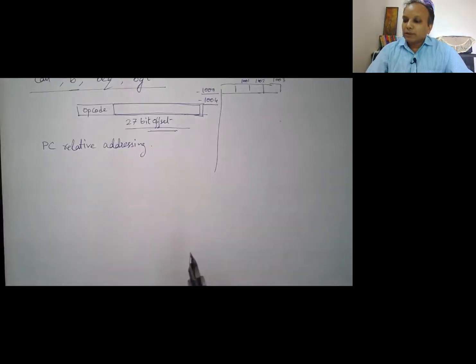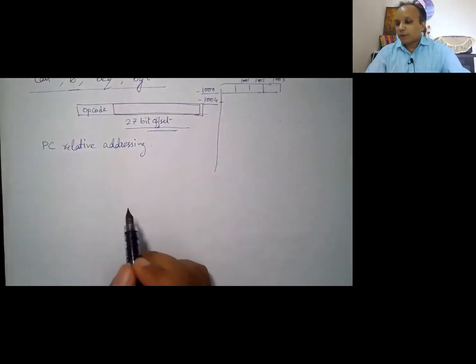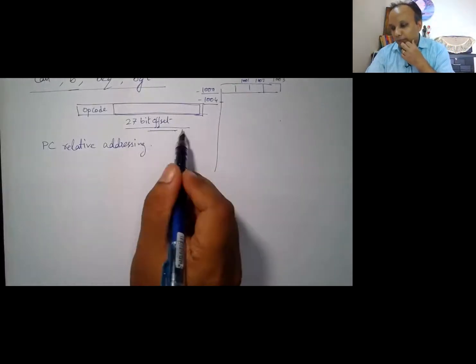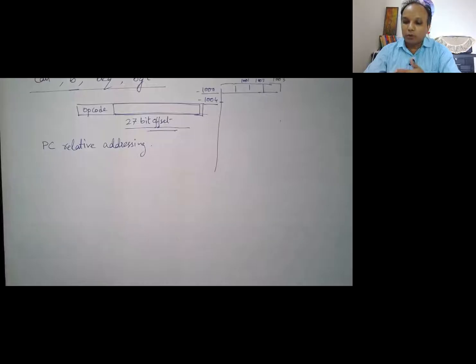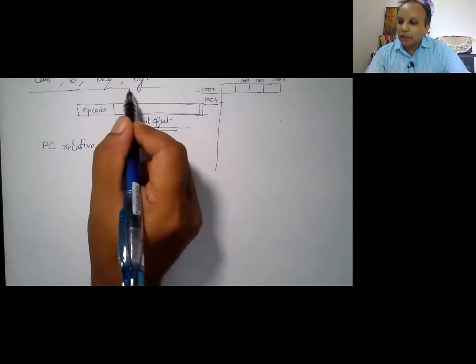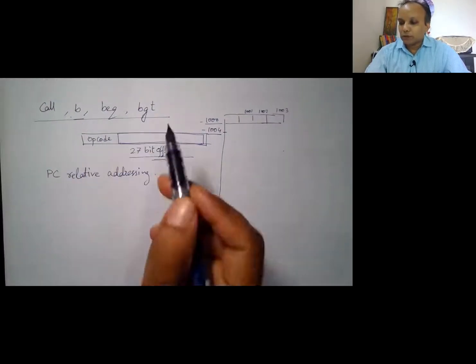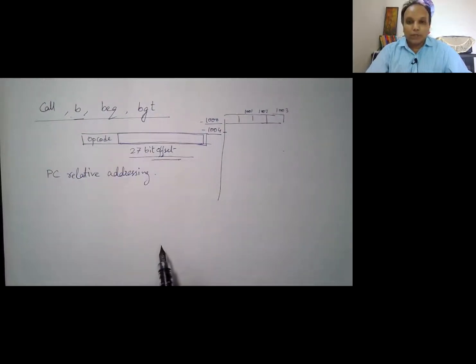So you can address all these different locations using this 27-bit offset, which you can add to or subtract from the PC to find out where you have to get the next instruction from for call, branch instructions, etc. Okay.